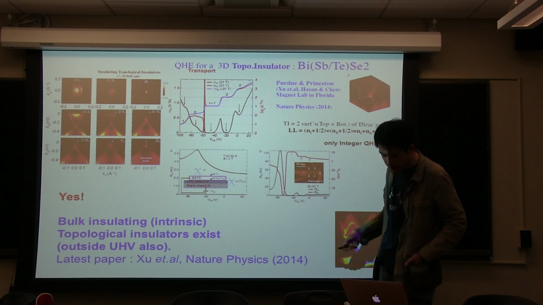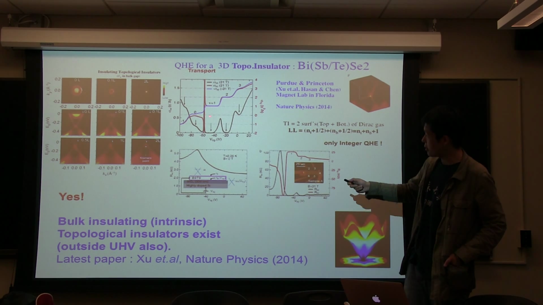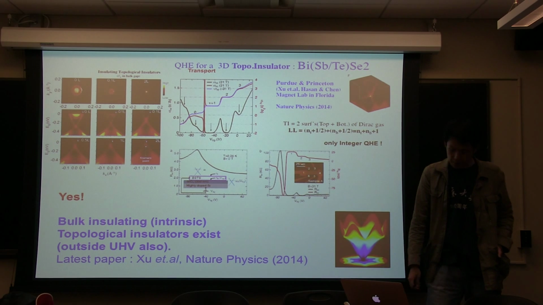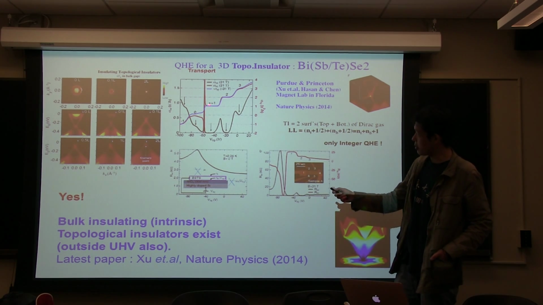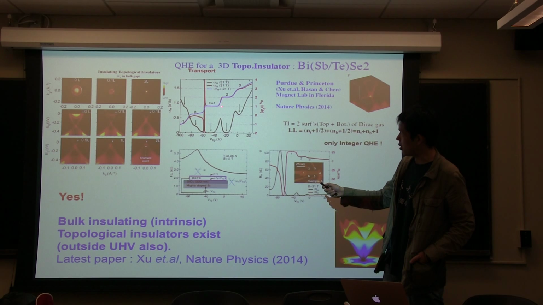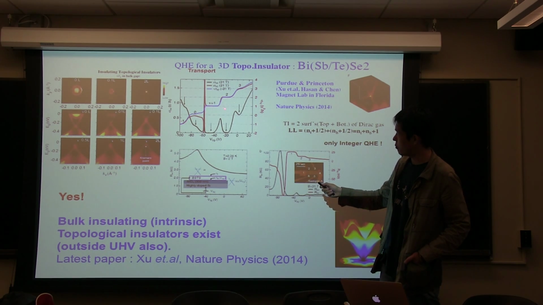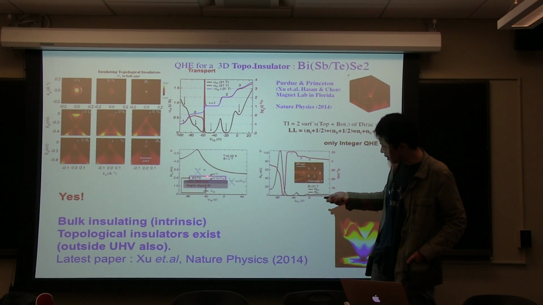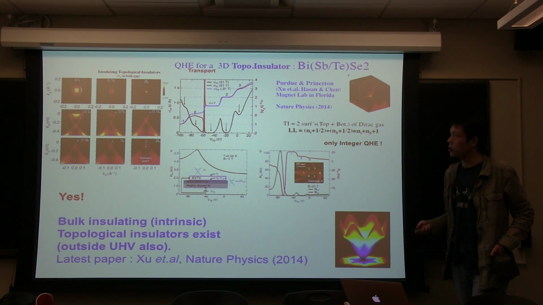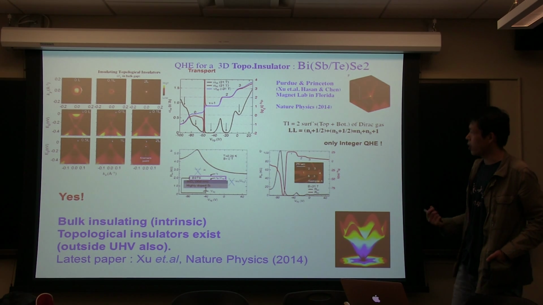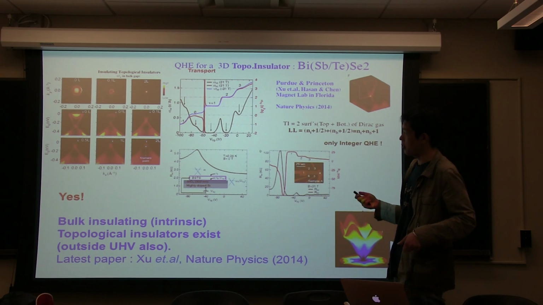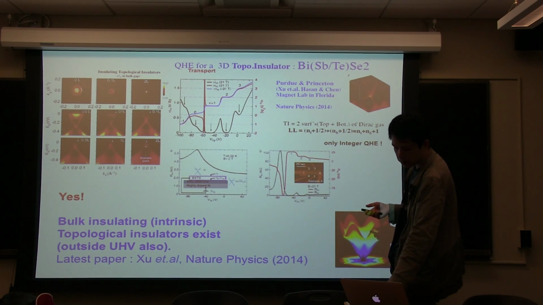In contrast to the previous TIs, it is really bulk insulating, and the surface also has a high enough mobility that we can see very well-defined plateaus that arise from the quantum Hall states of the topological surface states. This means the sample BSTS is really in the topological transport regime, and one can really test device applications for the 3D TIs using this sample.